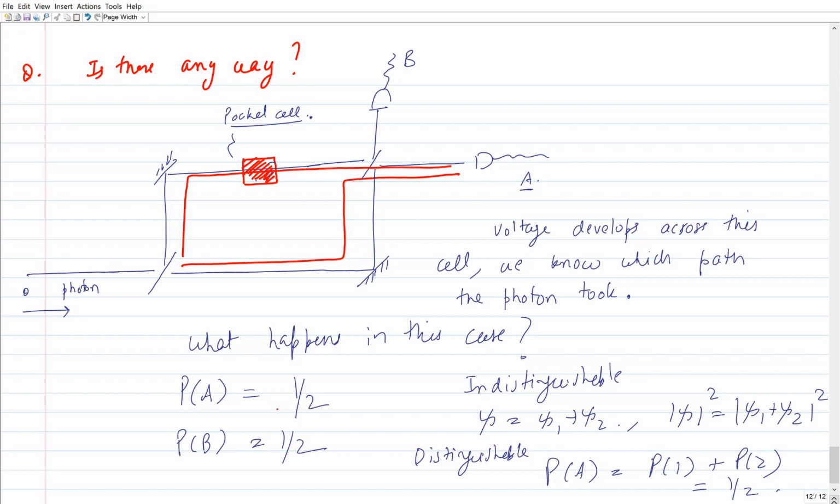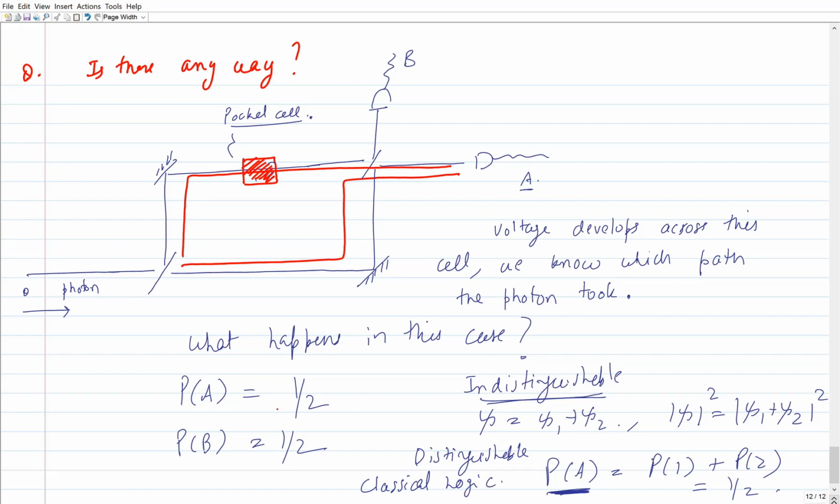So there's a very intimate connection: when my alternatives in the universe are indistinguishable, that means there's no information in the universe at all about which path the photon took, then I'm going to add up the probability amplitudes, and that's essentially the key ingredient of quantum mechanics. The moment anyone in the universe, it could be the air molecules, it could be anyone, comes to know which path the photon took, I'm going to add the probabilities, and my classical logic is restored.